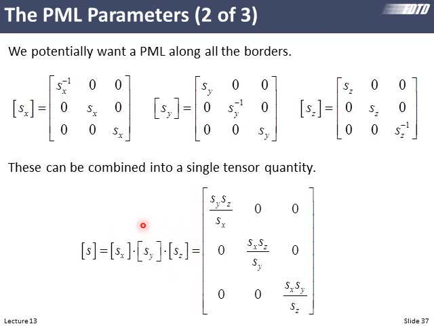So if we multiply all these together and come up with some big matrix S, this is what we end up with. And this is our uniaxial PML. We're calling it uniaxial because if we look at this tensor, 2 elements are the same and the third one's different. That's uniaxial anisotropy. So this is called a uniaxial PML. And if we put all 3 of these together, this is what our PML looks like for 3 dimensions.